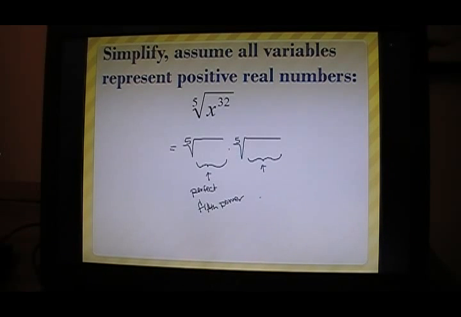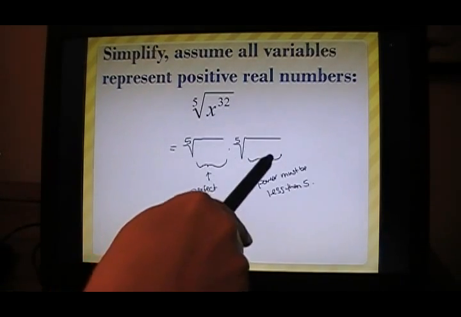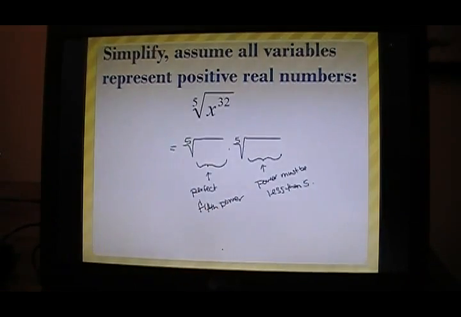In the case of exponents, the easiest way to recognize that is that the power must be less than 5. And then finally, the last condition is that the product of these has to be x to the 32nd. These two radicands must multiply to x to the 32nd.